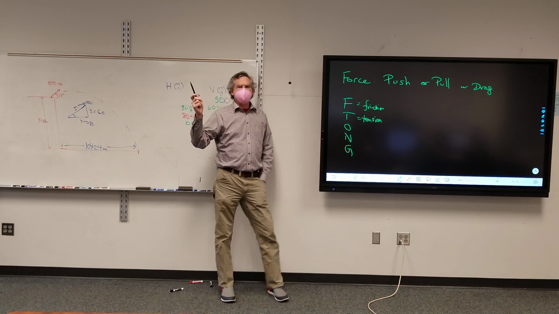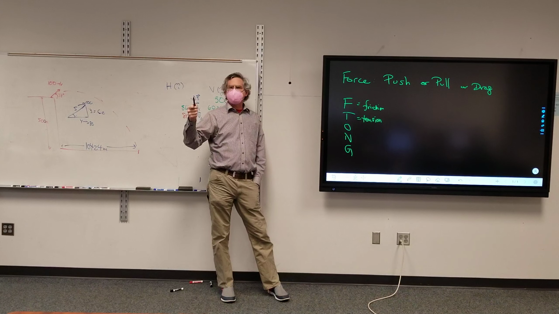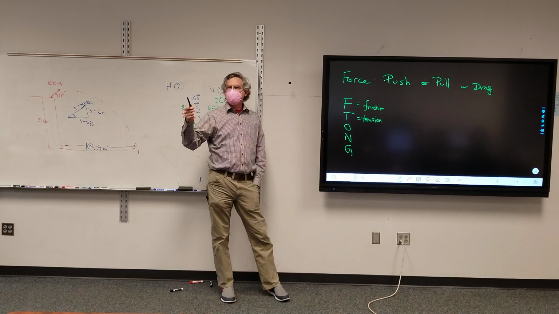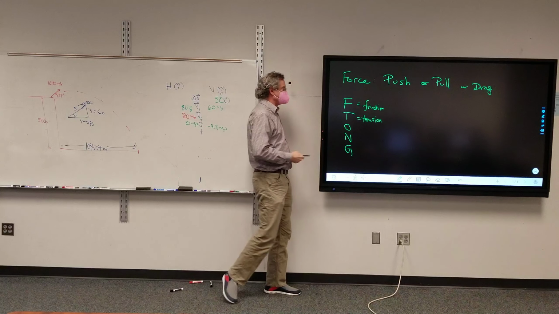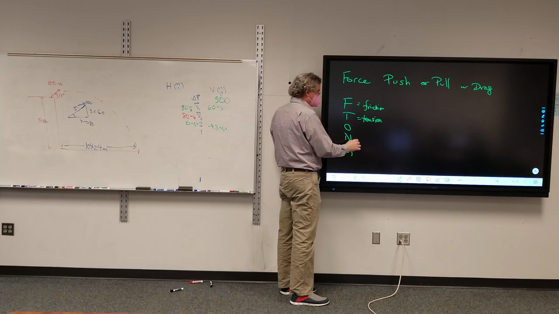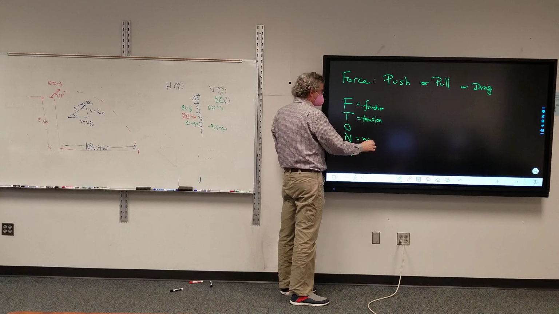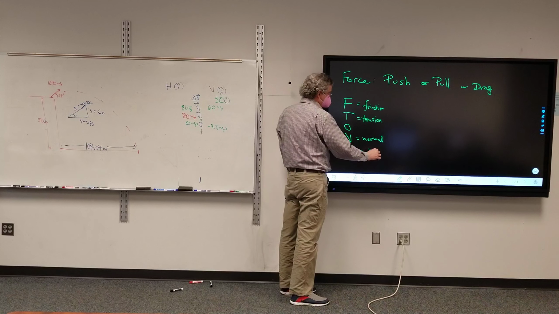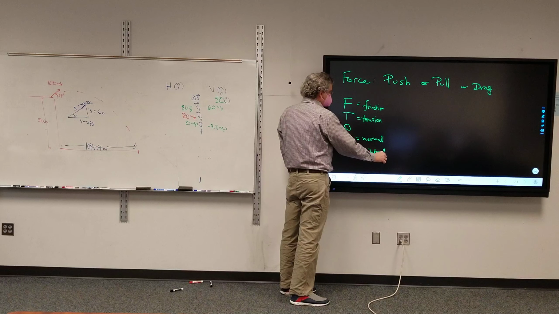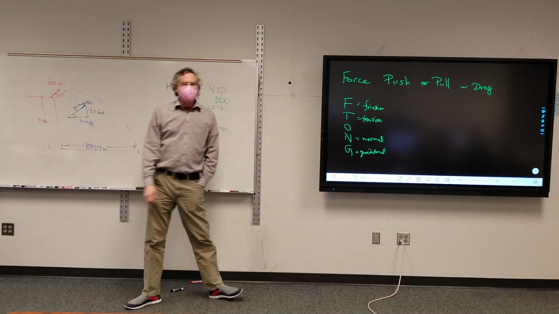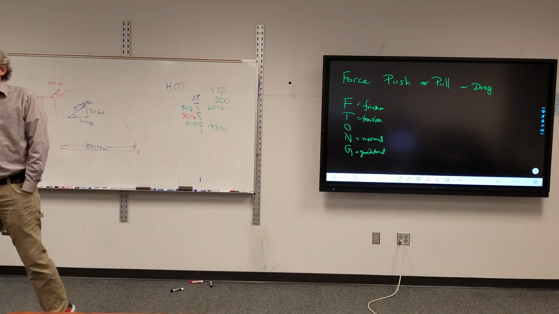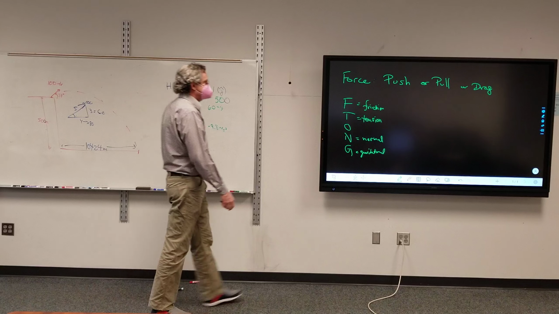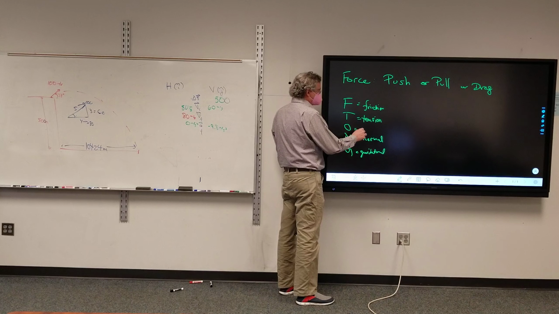For those of you who've had physics before, did your instructor tell you that tension doesn't exist? Okay. There's a video where I discuss that. N for normal. G for gravitational. And then pesky O. I needed a vowel, but O is for other.